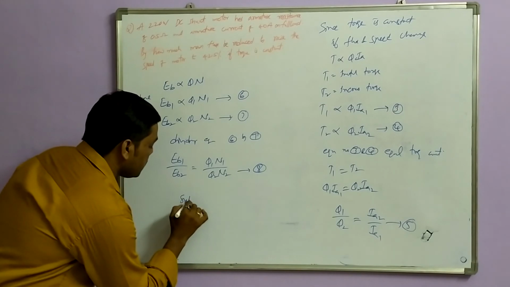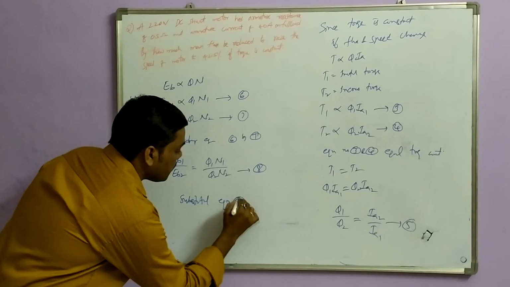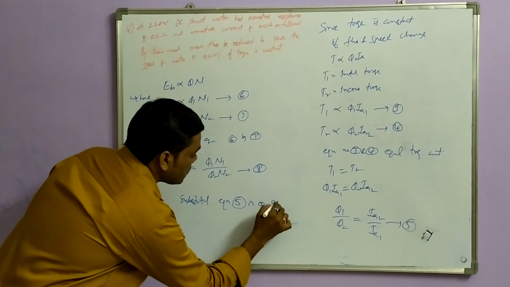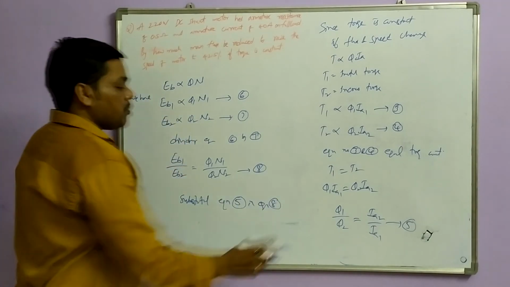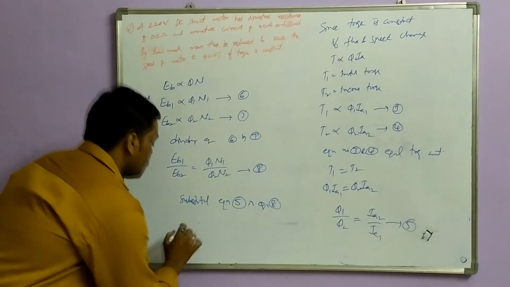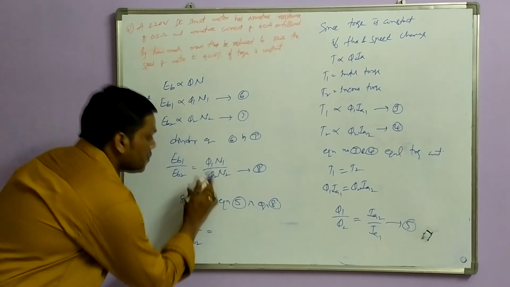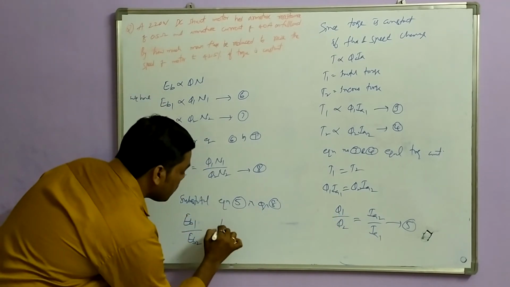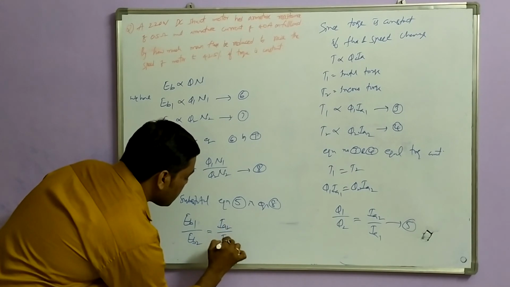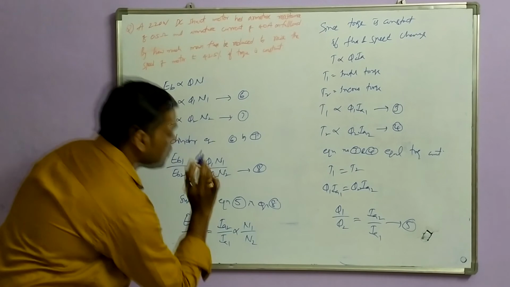Now substituting equation 5 in equation 8, phi1 by phi2 is replaced by Ia2 by Ia1. So EB1 by EB2 is equal to Ia2 by Ia1 into N1 by N2.